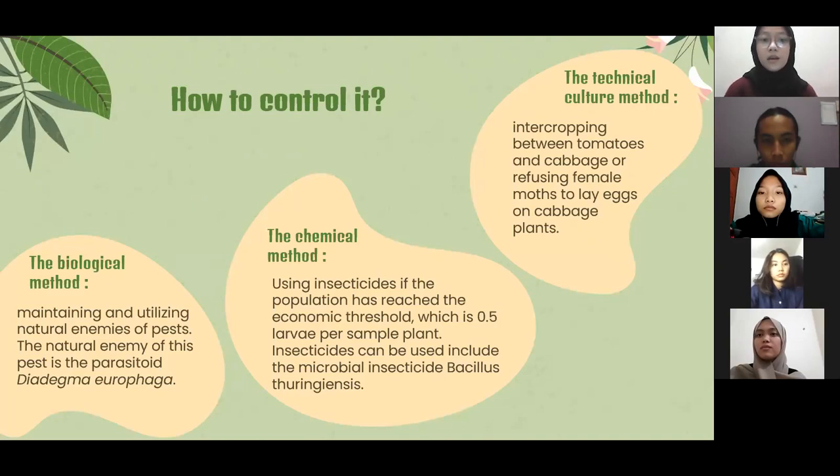And then the chemical method is by using insecticide if the population has reached the economic threshold, which is 0.5 larva per sample plant. The insecticide can include microbial insecticide such as Bacillus thuringiensis. And the last is the technical culture method by doing intercropping between tomatoes and cabbage or refusing female moths to lay eggs on a cabbage plant.